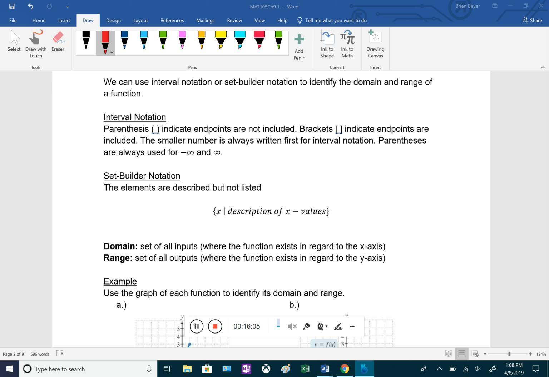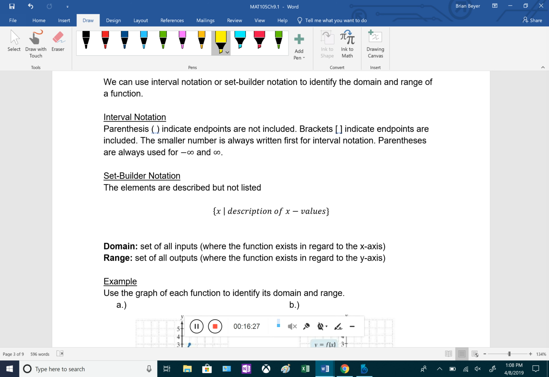So the notation that we use to represent the domain and range, we have two options. We can use interval notation or set builder notation. So I'm going to focus mostly on interval notation, but I figured we'd at least mention set notation while we're here. So for interval notation, it's actually going to look similar to an XY coordinate, except it is not going to be an XY coordinate.